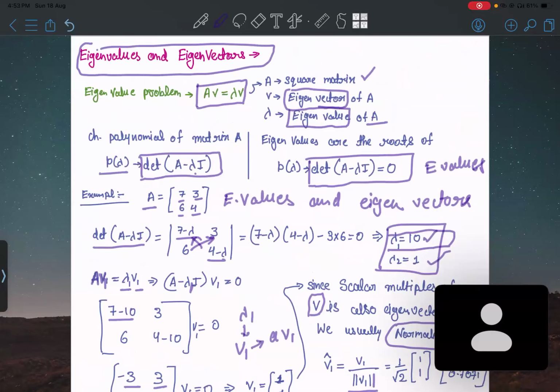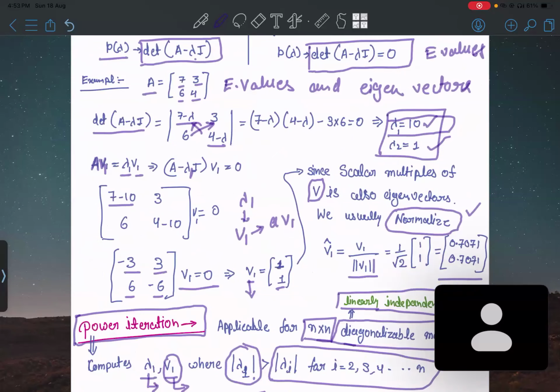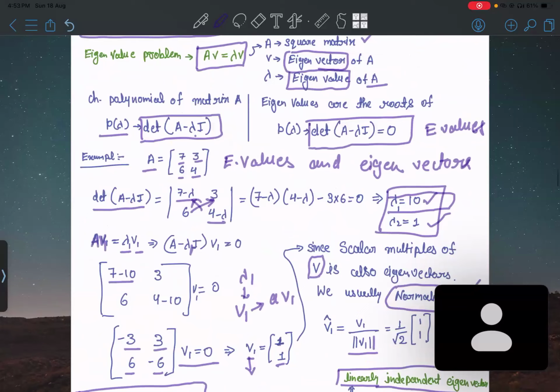Then we have seen how we can find the eigenvalues and eigenvectors of a square matrix using a numerical method. Okay. First we revised the analytical method that is used to find the eigenvalues and eigenvectors of a square matrix. There, first the characteristic equation is written, then the roots of the characteristic equation are the eigenvalues, then the eigenvectors are found. Okay.